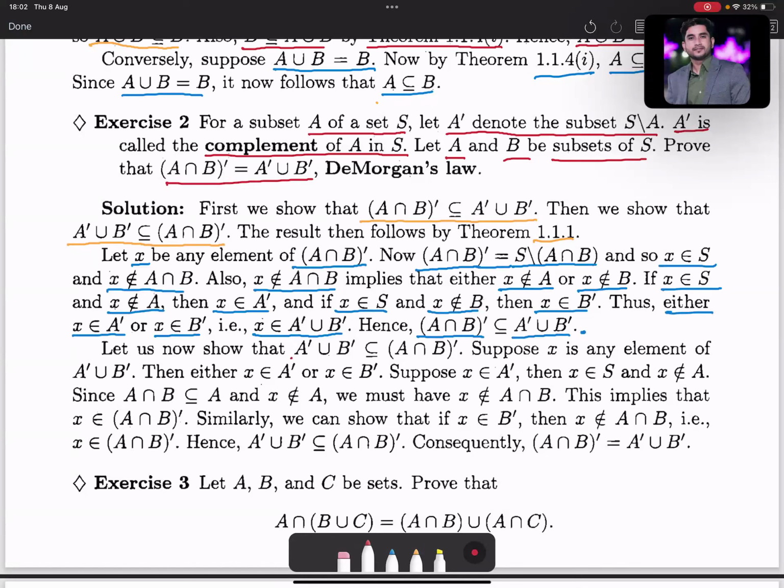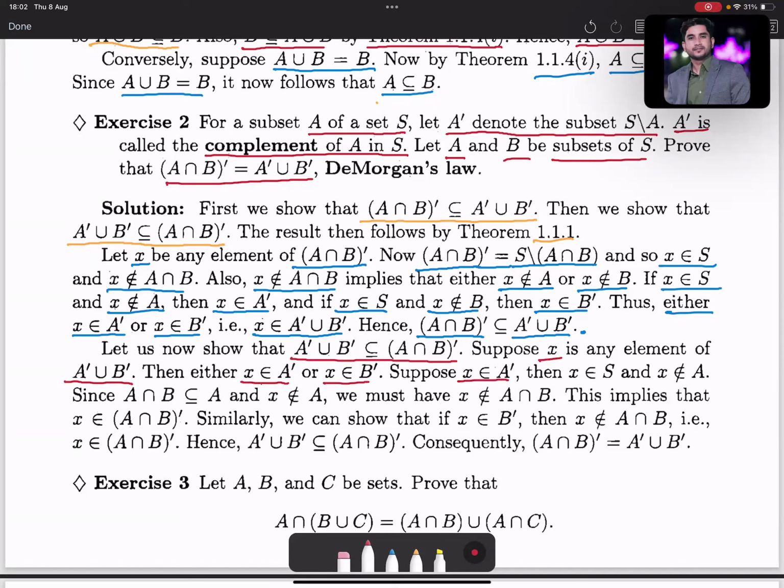We will show that A complement union B complement is contained in (A intersection B) whole complement. So let's take an element x from the union of A complement and B complement. Then either x lies inside A complement or it lies inside B complement. Suppose it lies inside A complement.